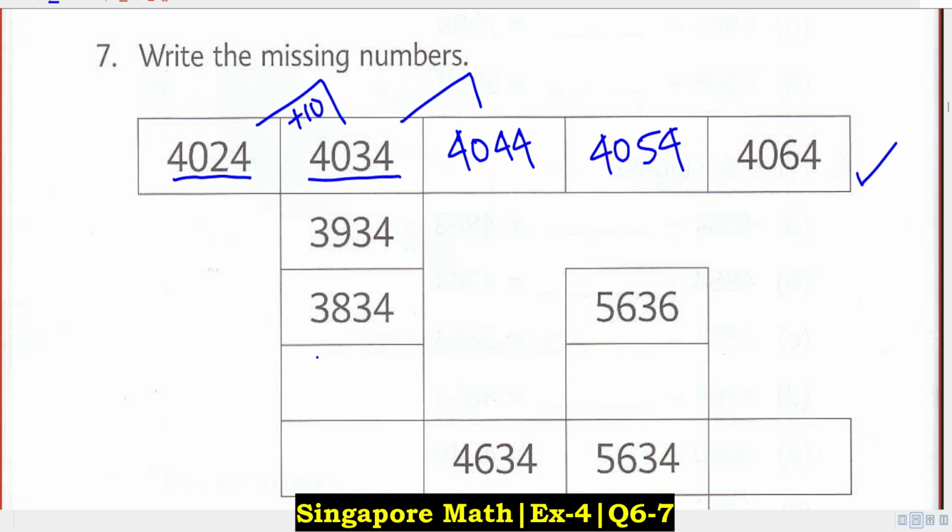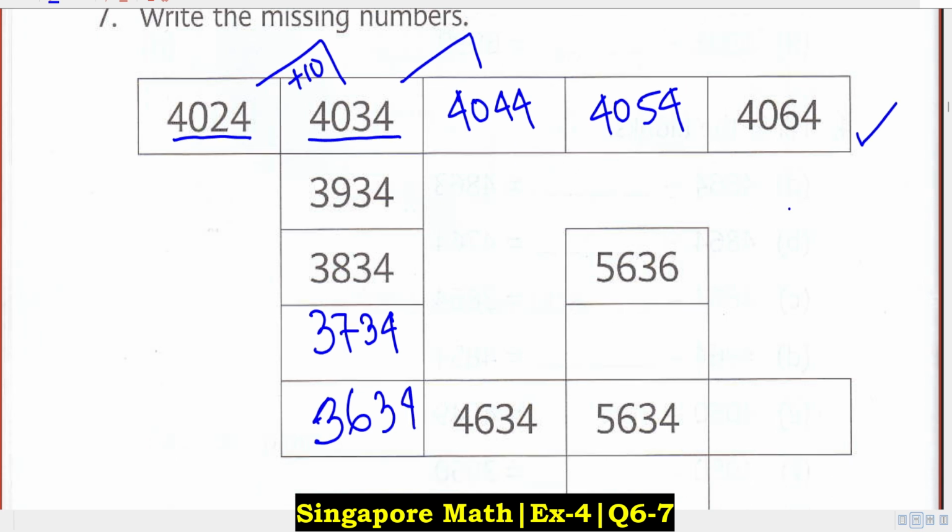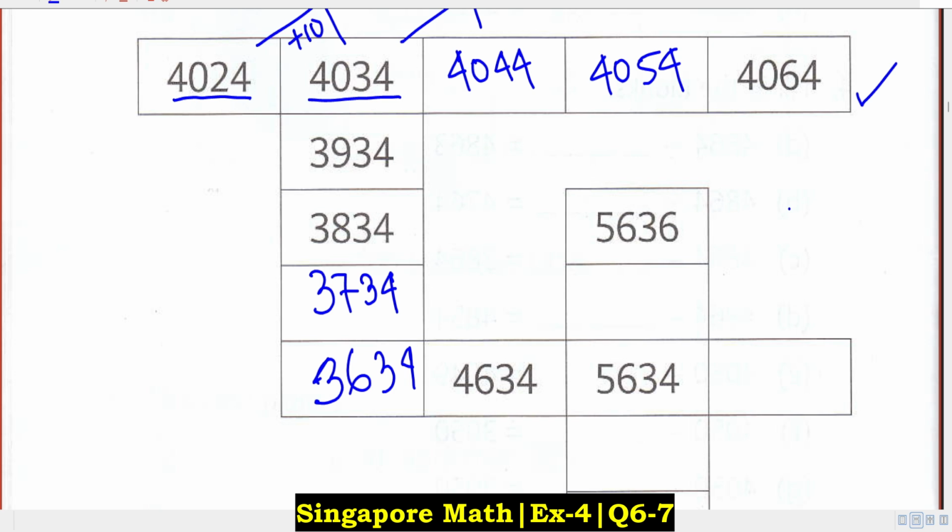It means here should be 3734, and here will be 3634, right? 3634. And here is 3634, 4634, 5634.